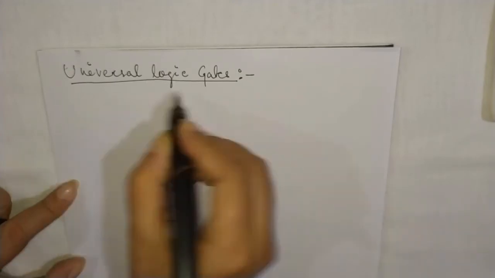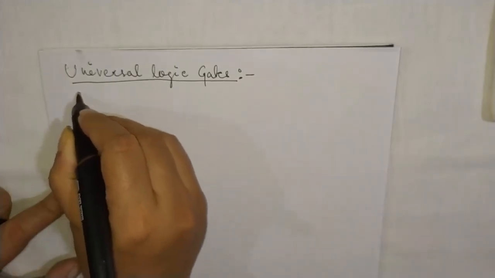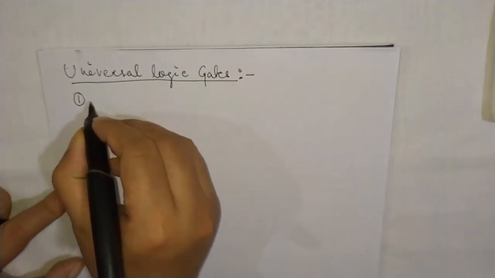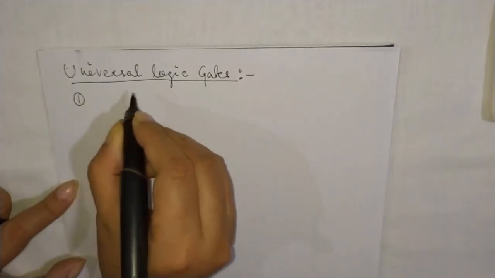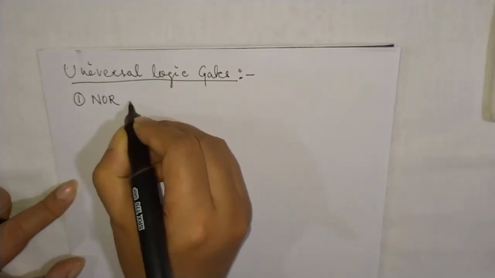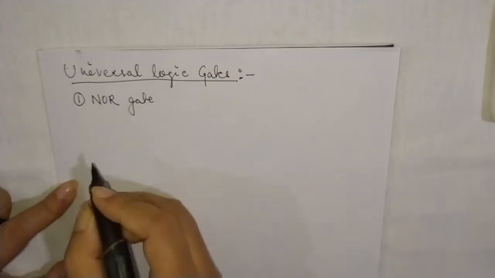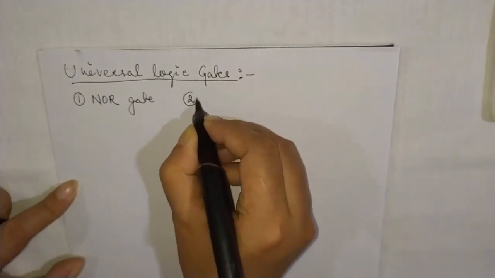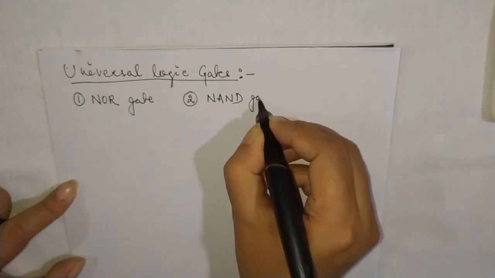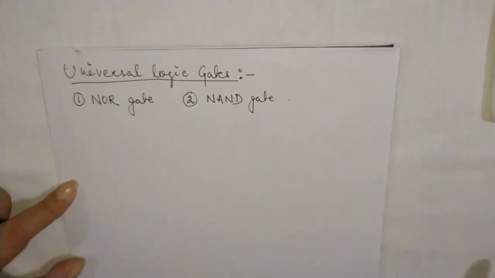Now under these universal logic gates, there are two things coming. The first one is NOR gate and the second one is NAND gate. So what is the importance of these two gates?